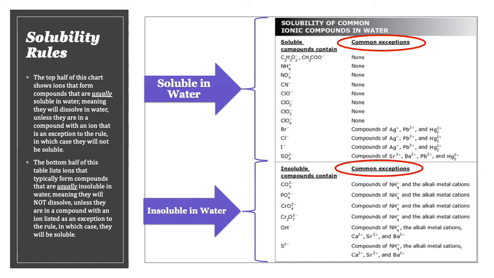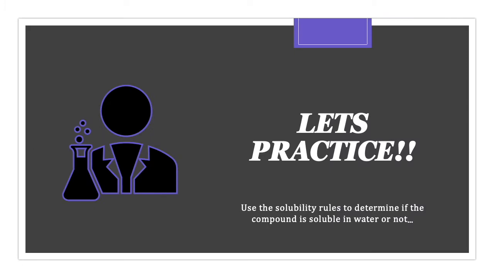And in the rest of this video, I'm just going to go through and do some examples for you guys so that you can get the hang of reading the solubility chart and applying those rules. So let's go ahead and do some practice.